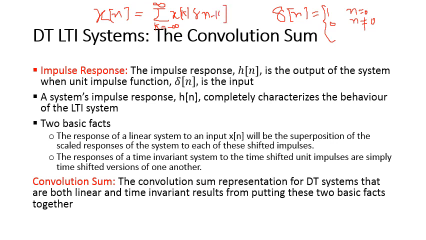Because we can represent any signal in terms of scaled and shifted impulses, and we know that the system is LTI, knowing the impulse response, we can find the output of the system using the convolution sum.